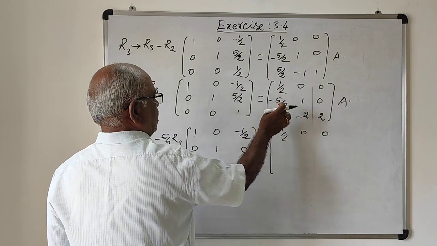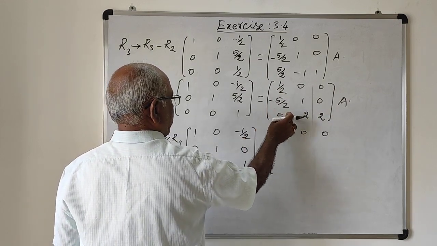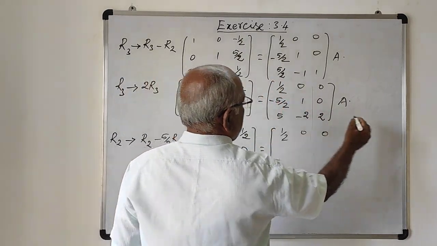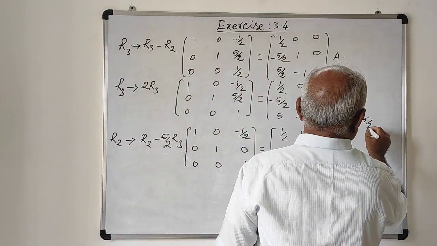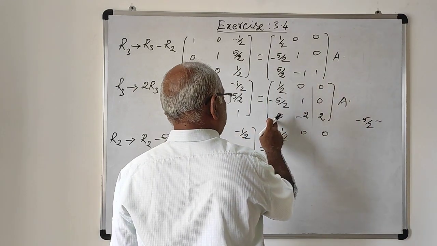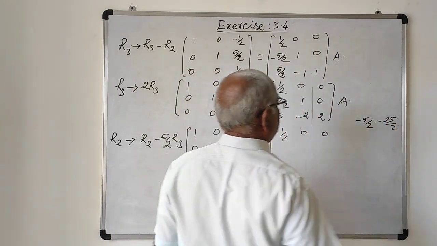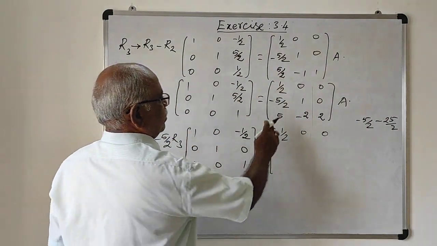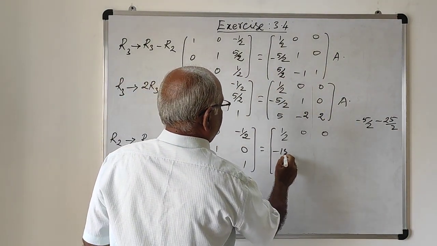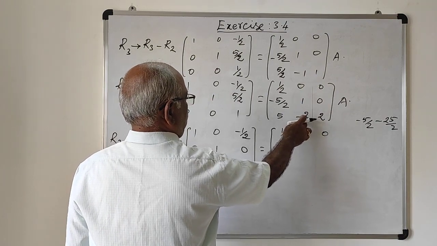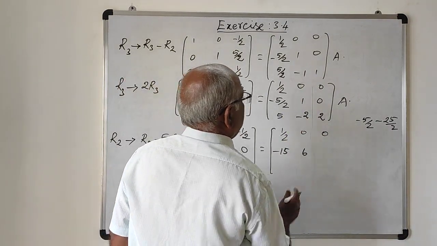On the right hand side, 1 by 2, 0, 0, and R2 minus 5 by 2 R3. Minus 5 by 2 minus 5 into 5 by 2 is minus 25 by 2, that is minus 30 by 2, which is minus 15. Similarly, minus 5 by 2 into minus 2 is plus 5, and 5 plus 1 is 6.